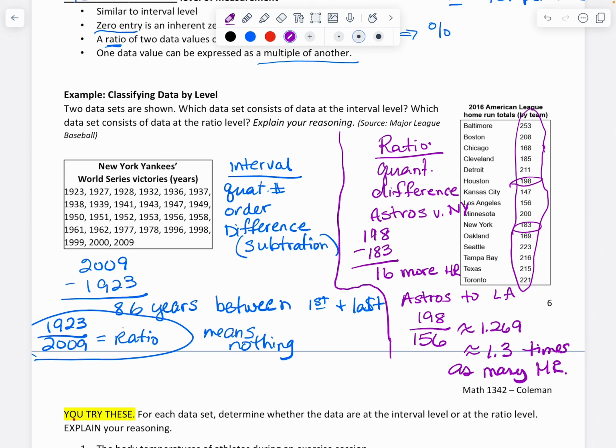So that number actually means something. And that's the difference then between an interval and a ratio.